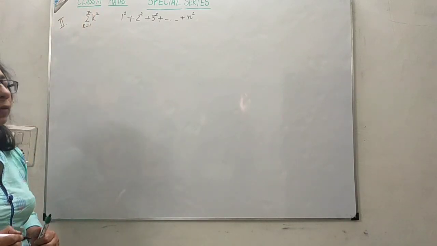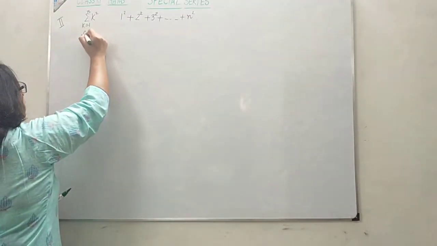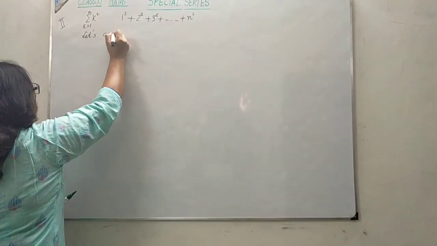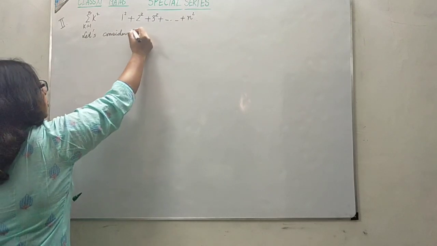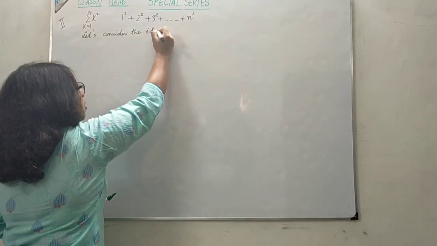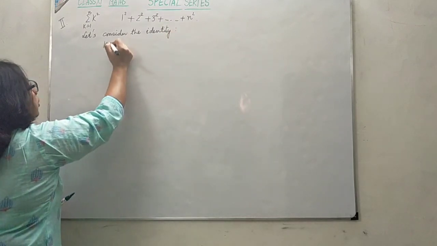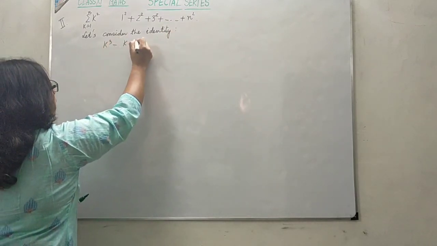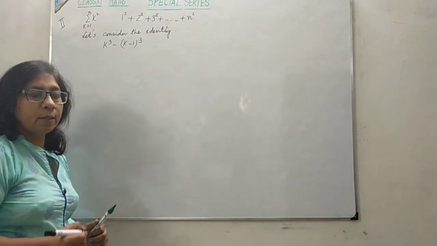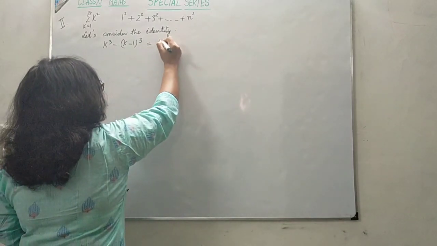Now, to find the formula for this, let us consider the identity k cube minus (k minus 1) whole cube. Let us simplify this first of all.